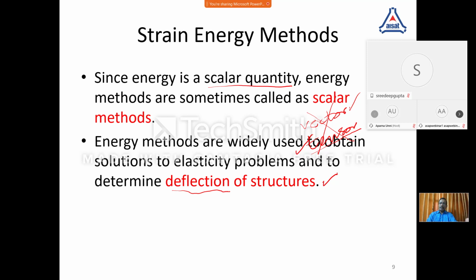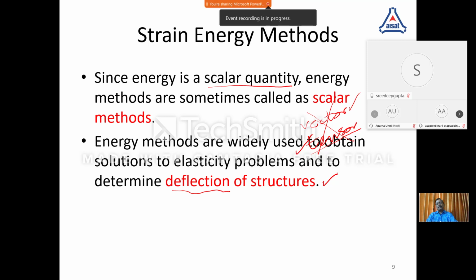Types of loading means normal, say axial stress can be applied, a shear stress can be applied, a torque can be applied, a bending moment can be applied. In certain such applications, the deflection of the structure needs to be determined, and that involves different types of equations and solution procedures.